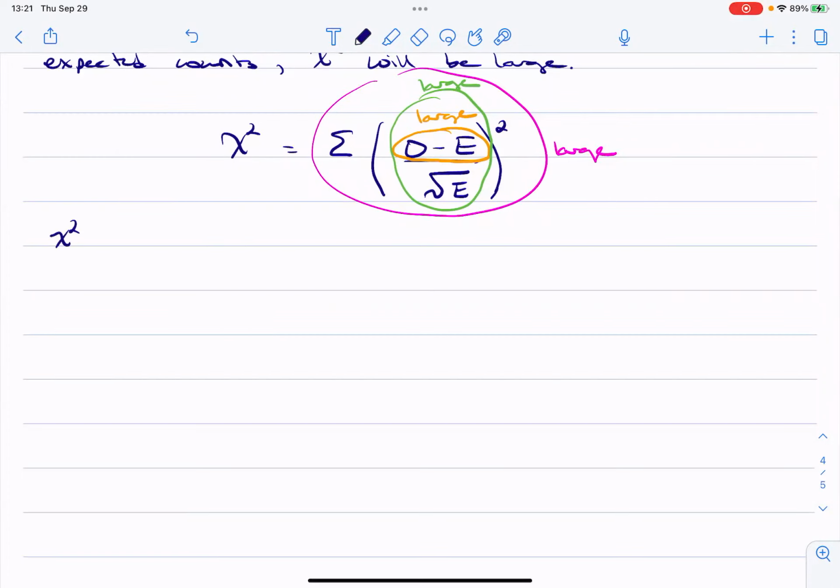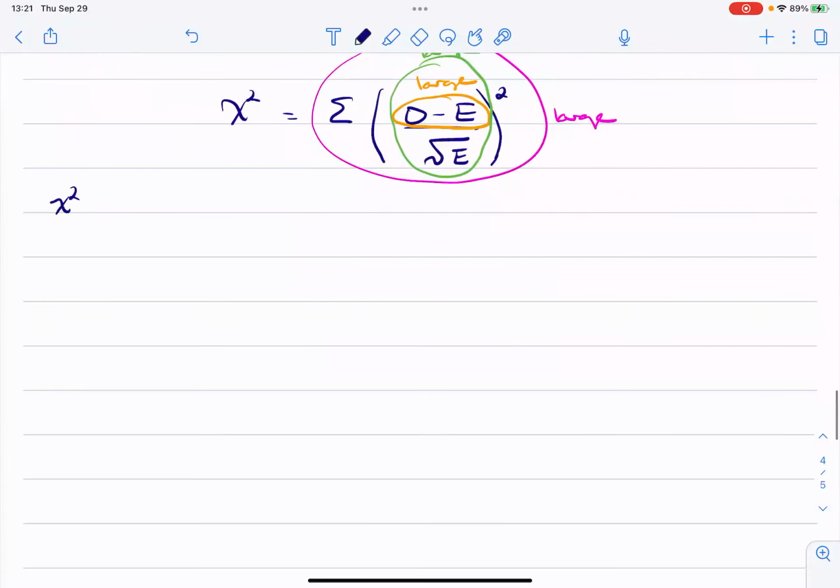Chi-squared can be used in a few different situations. So there are goodness of fit tests, tests of independence. There's one other common one, and I'm blanking. That's okay. It doesn't matter.